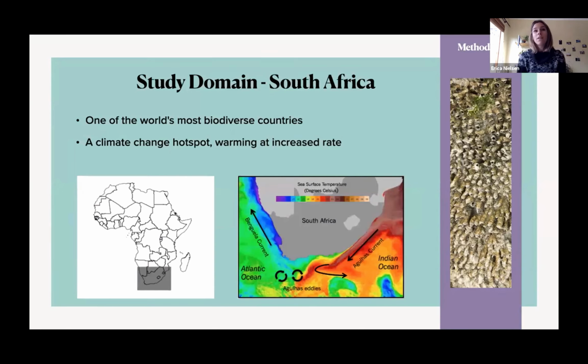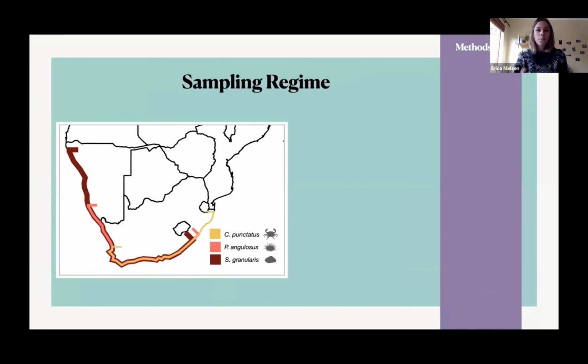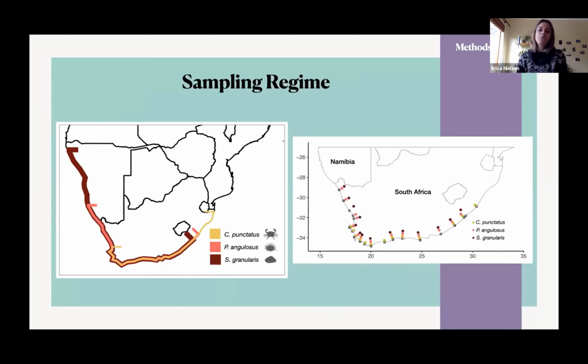It's one of the most biodiverse countries in the world, and it has these really beautiful environmental gradients, as we can see here in sea surface temperature. Here's the distributions of the 3 study species, and here we have our sampling regime within the study, including either 13 or 14 sample sites per species, and from there we conducted molecular analyses.